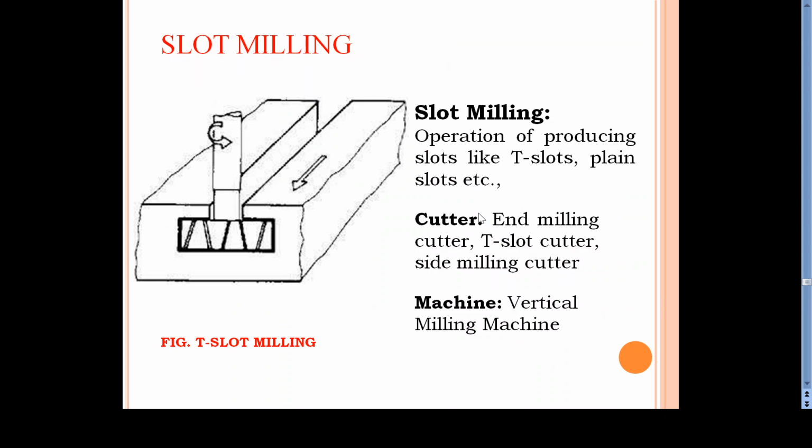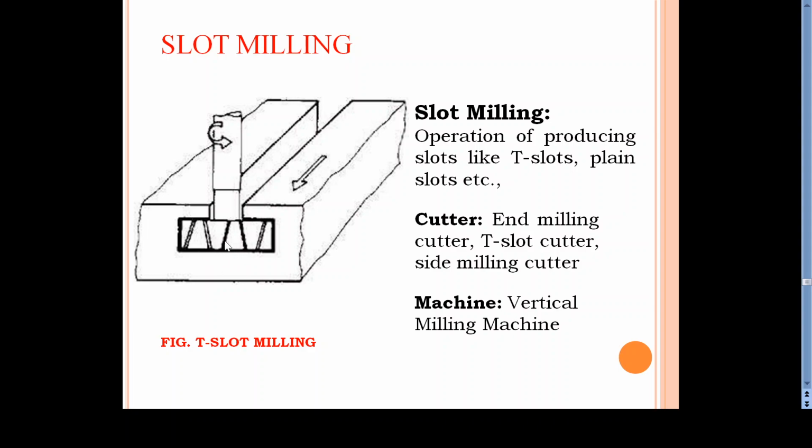Slot milling. Here you can see this is also just like peripheral milling, and at the same time side milling is also done. That means the tooth of the milling cutter can cut by using the periphery of the cutter, and also by using the face of the milling cutter.